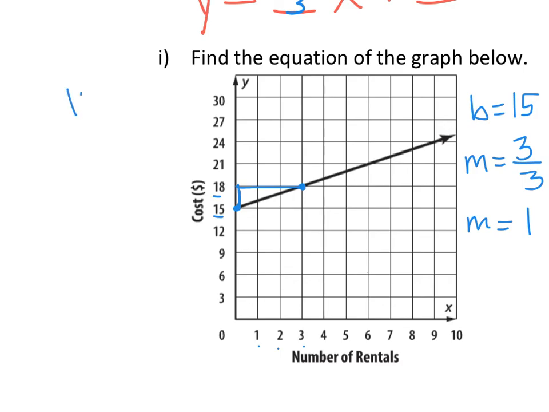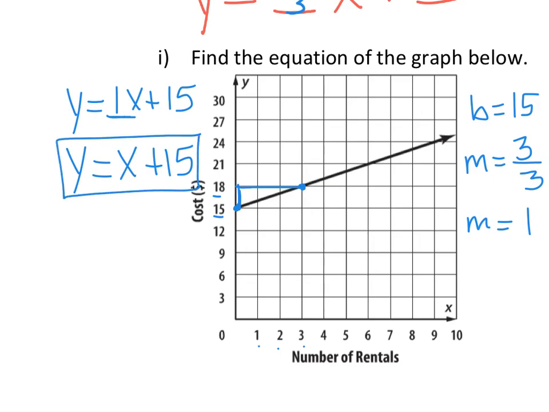Which means our equation is y equals, our m is 1, so 1x plus b is 15. It is not necessary to write a 1. We can treat it as invisible. Okay, so y = x + 15 is sufficient. If you left the 1 in there, no big deal. It is still 100% correct.